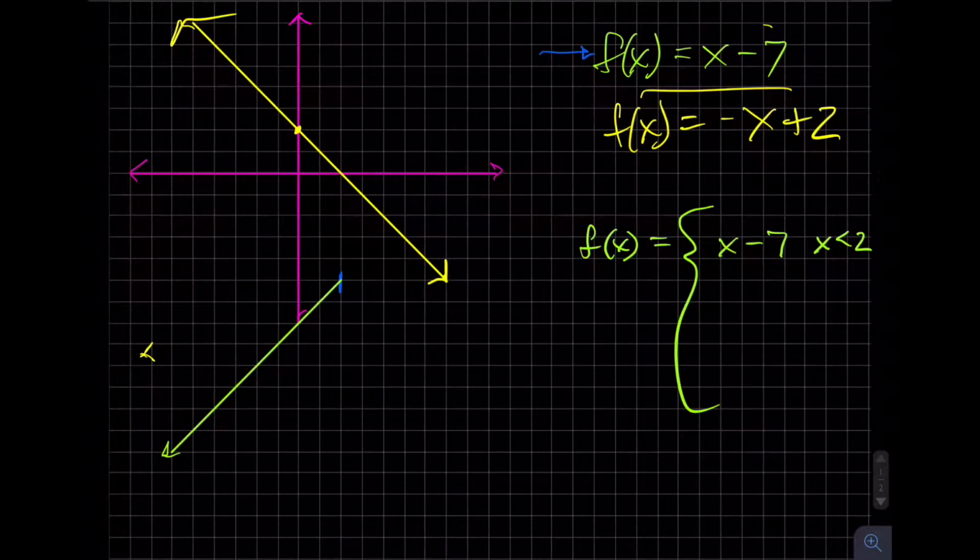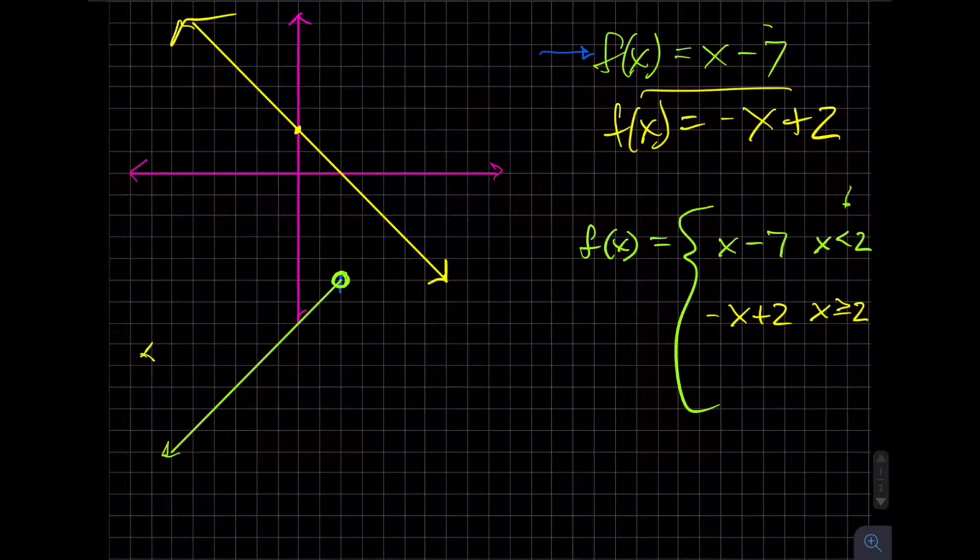And because it doesn't include the value of 2, I have an open circle right there at x equals 2 on that function. It's only the numbers less than 2. And then for the other part of my piecewise function, I would have negative x plus 2 for x greater than or equal to 2.